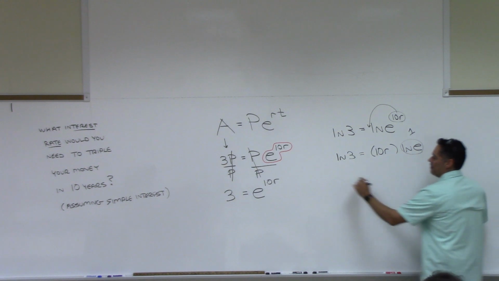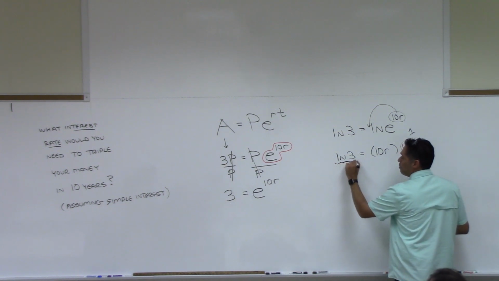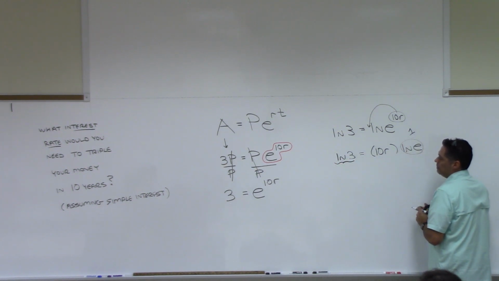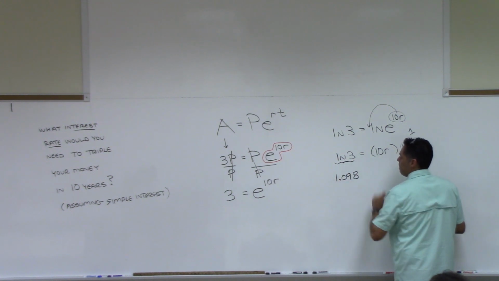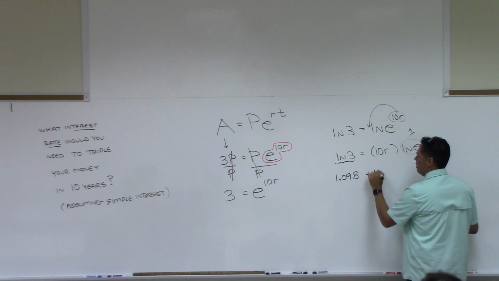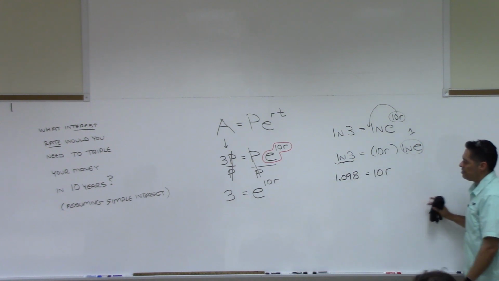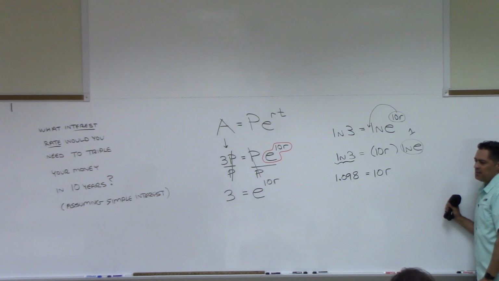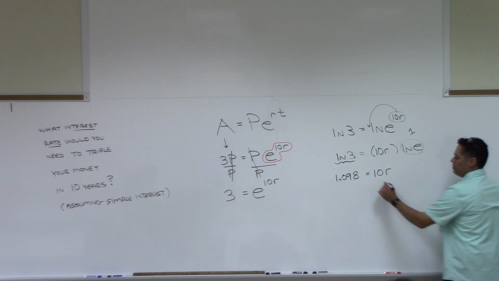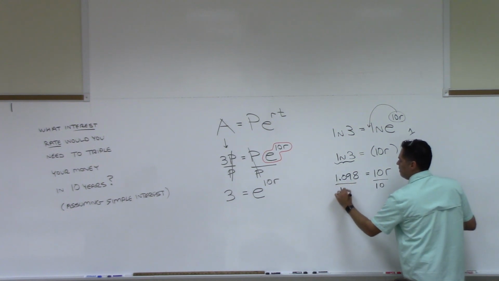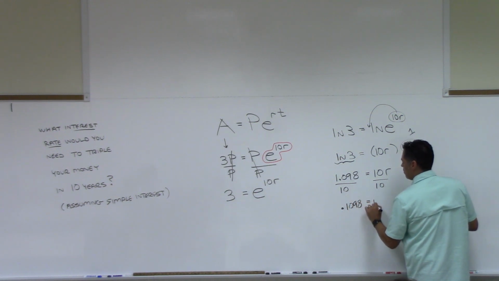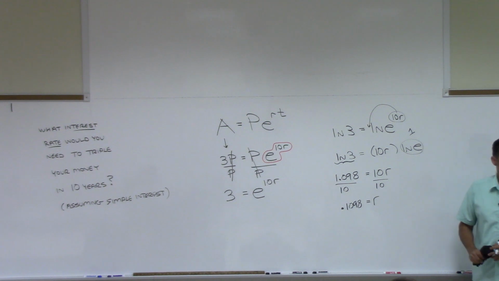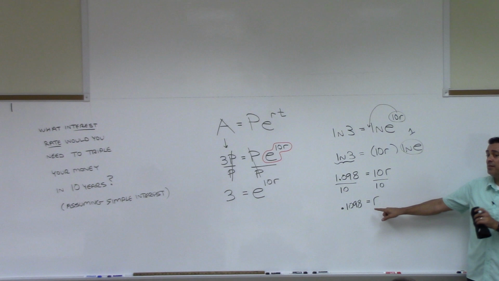All right. Now, on your calculator, natural log of 3. 1.098. And then equals 10R. One more step. Divide by 10. So divide by 10, and you get 0.1098 equals R. That's your interest rate written as a decimal.